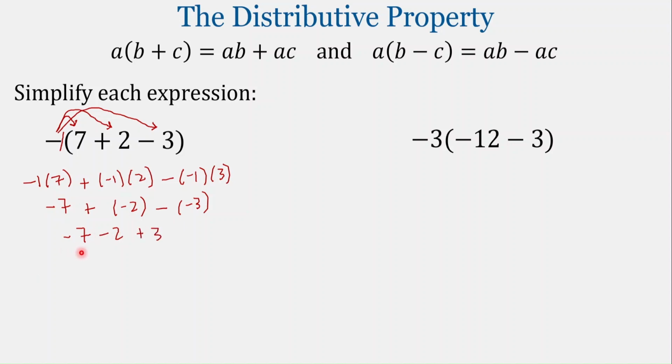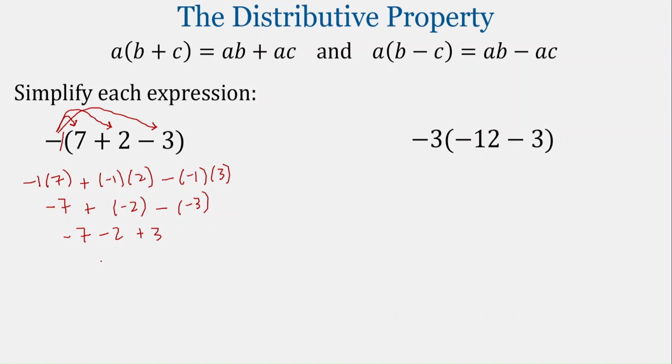If you notice, our signs here are now all the opposite of what they were here. We started with a positive 7. Now it's a negative 7. Positive 2 is now a negative 2. And then a minus 3, which is plus a negative 3. We're now at a positive 3. When we multiply something by a negative number, a negative 1, all the signs are going to flip.